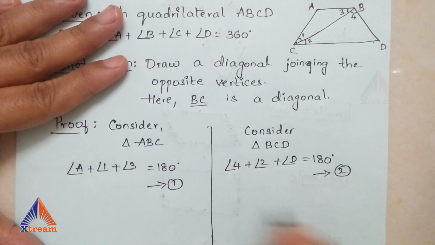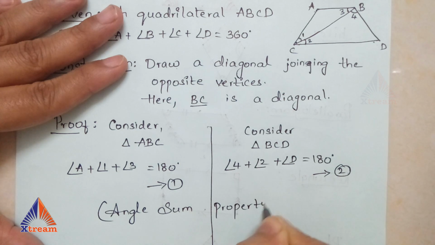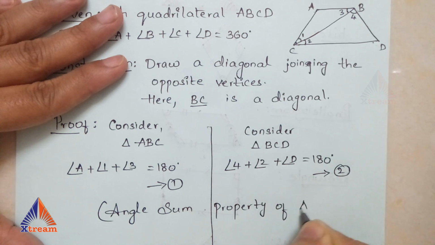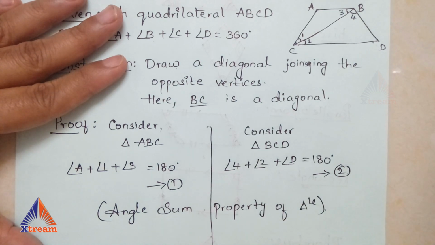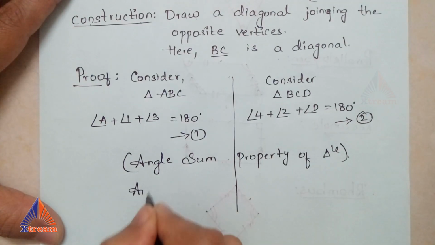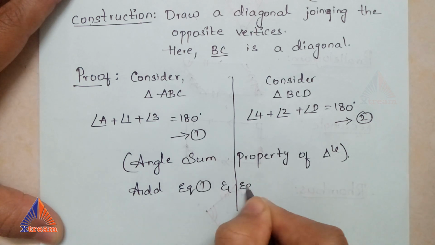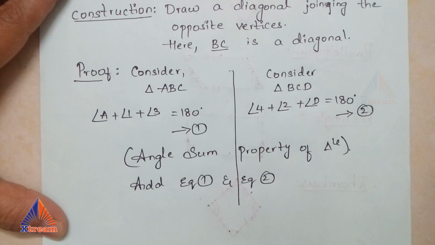These both I have taken from angle sum property of triangle. Now what I'm going to do? Add equation 1 and equation 2.